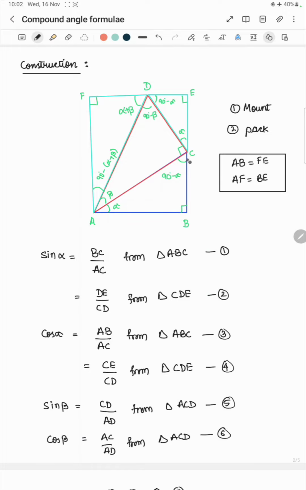Additionally, now this is the magic and this is the best part, by mounting the triangle ACD on top of triangle ABC, we have produced a triangle that, basically by construction, has the sum of angles that we are dealing with, alpha plus beta. Look at this. EF is parallel to AB and AD is the transversal.